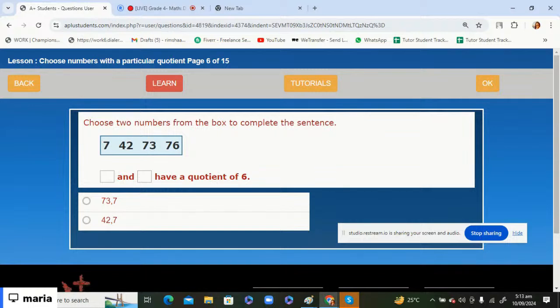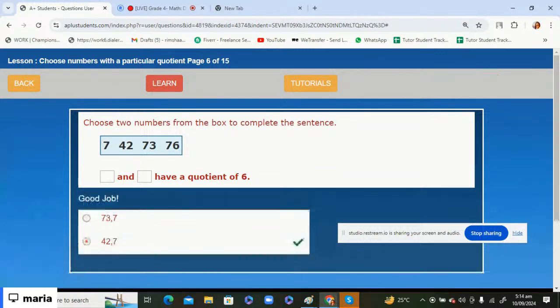Divide it and then check the answer, please. 42 and 7. Very good.